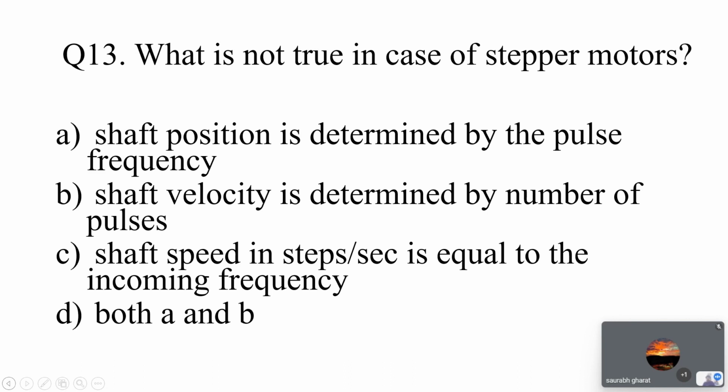Shaft position is determined by pulse frequency. Shaft velocity is determined by number of pulses, and shaft speed per second is equal to the pulse frequency. So both of these are wrong. Okay, so both A and B is the correct answer because these both are false.